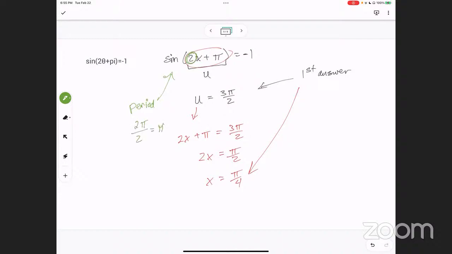So how often is this thing going to come back to this answer of -1? What's the period? The period is pi. So what do I have to add and subtract to this first answer? Pi times k, where k is an integer. That make sense? Yeah.